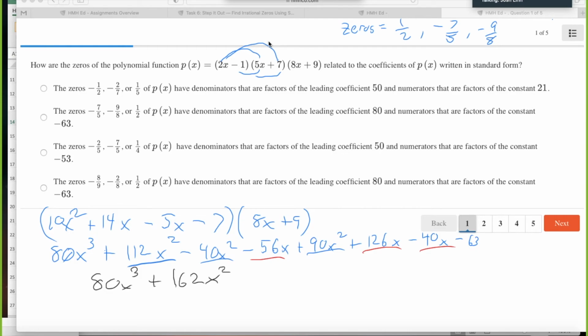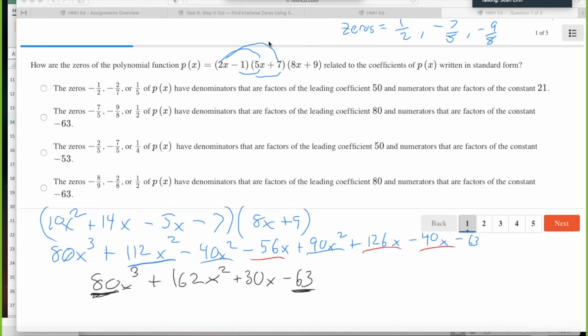So then our x's, got a negative 56 plus 126 minus 45, plus 30x, minus 63. So our leading coefficient is 80. Our constant is negative 63.